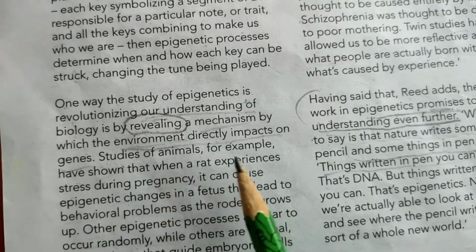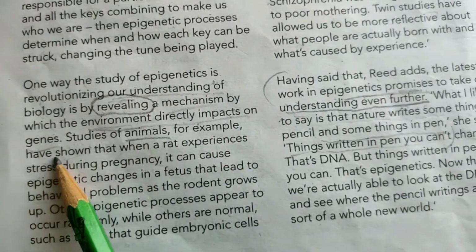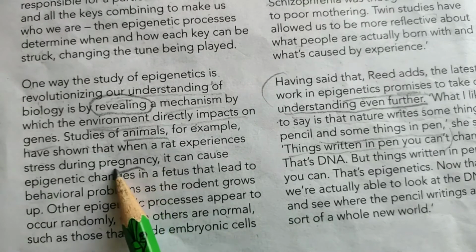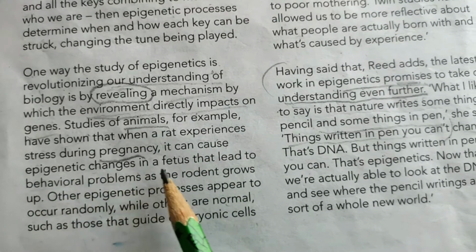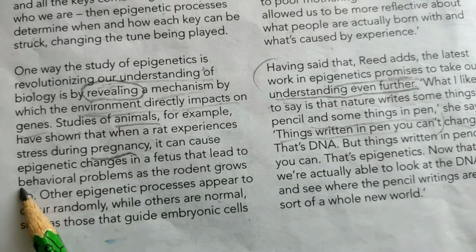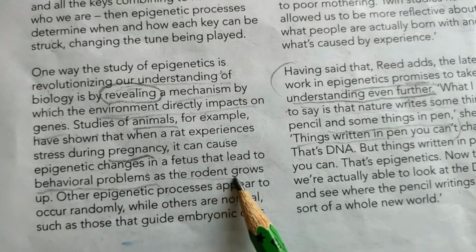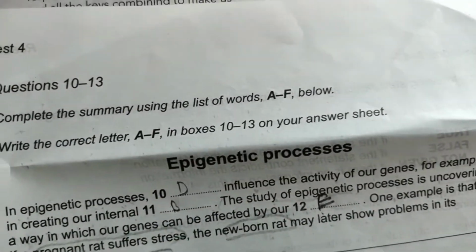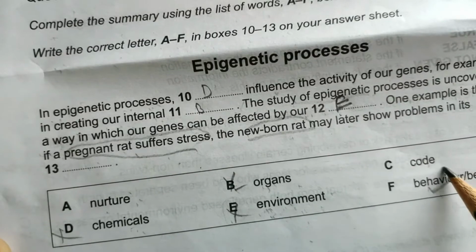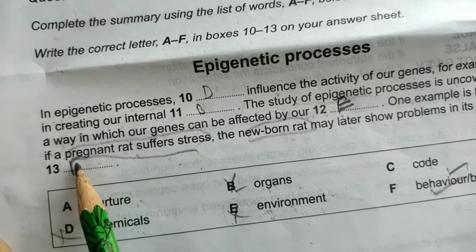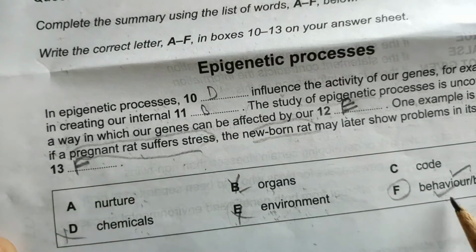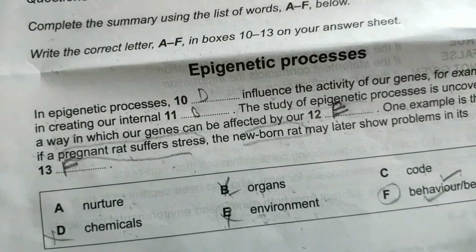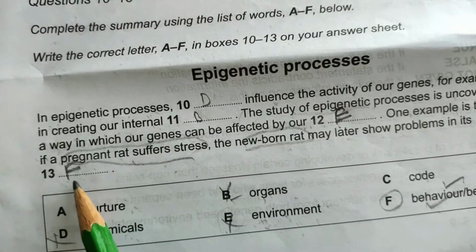Animals, for example, have shown when a rat experiences stress during pregnancy, it can cause epigenetic changes in a fetus that lead to behavior problems as the rodent grows up. Yes, we were right. The answer here is behavior. We have to write only the letter F, not the word. The spelling differs because they have used American and UK English. So here the answer will be F.